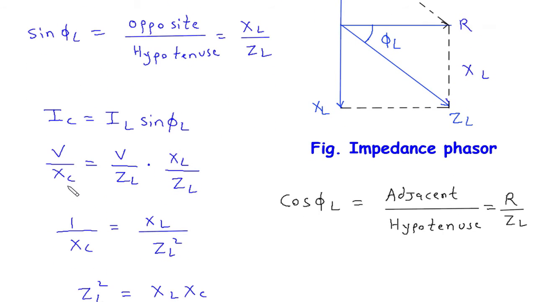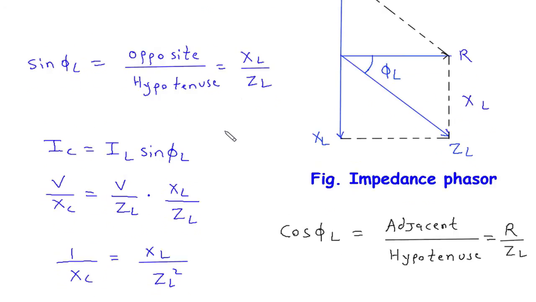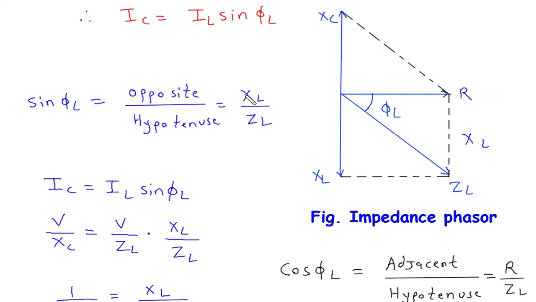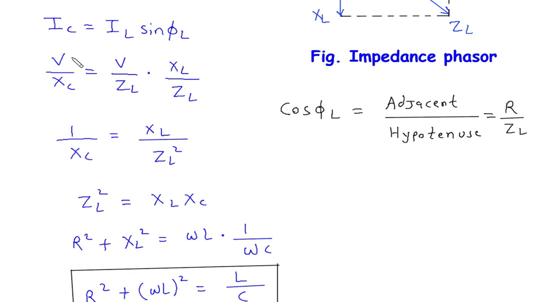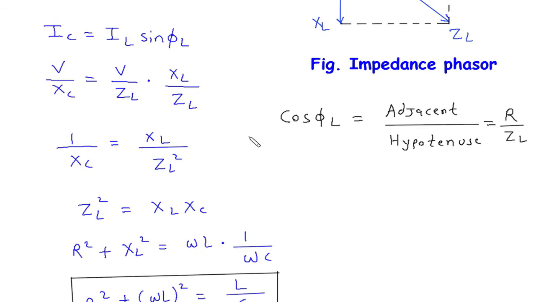So V by XC is equal to V by ZL into sin phi L. Now this sin phi L, in the form of impedance, we can replace by XL upon ZL. Now this V and this V will get cancelled. So what remains? 1 upon XC is equal to XL upon ZL square.